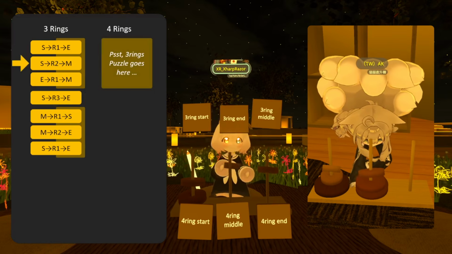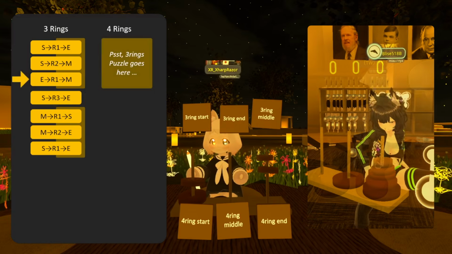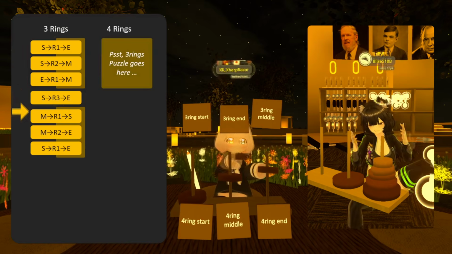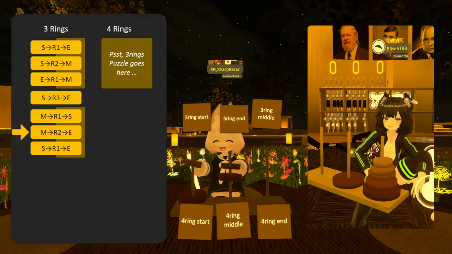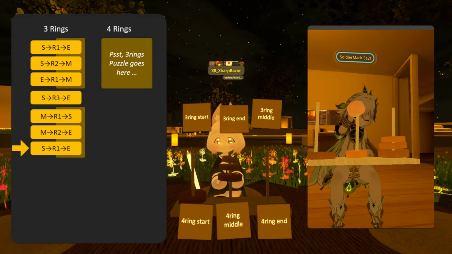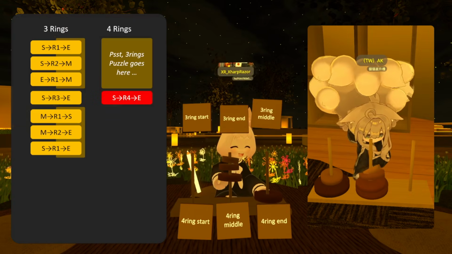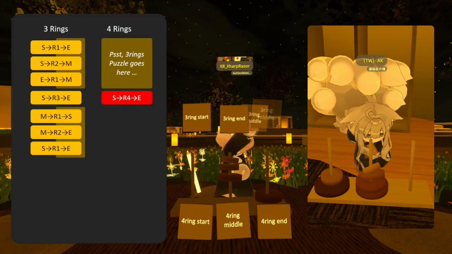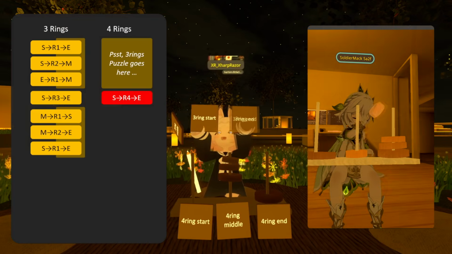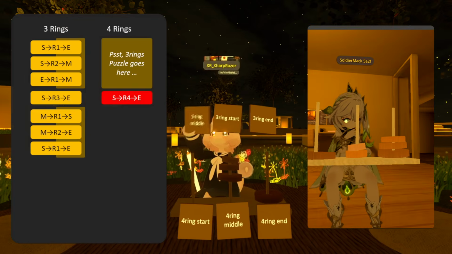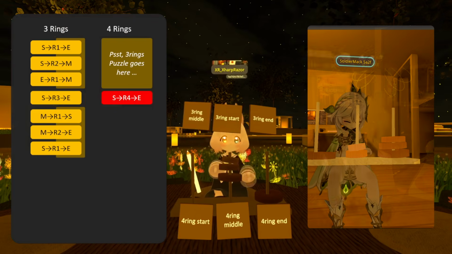First, I will have to do whatever I need in order to move those 3 rings from here to here. Now I can move this to here. Now I can then do this and then continue.